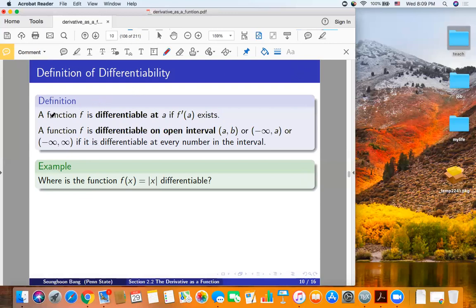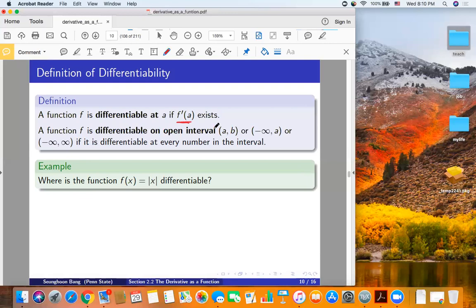Function f is differentiable at a if f prime of a exists. What is the geometric meaning of f prime of a? Remember, the tangent line has slope f prime of a.